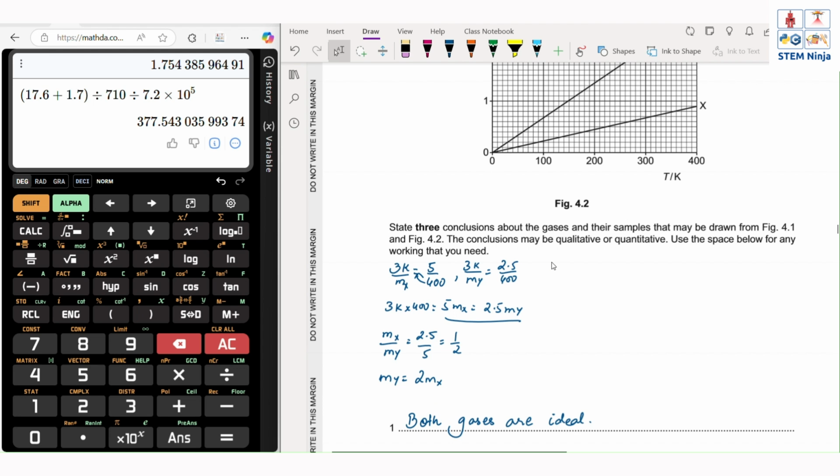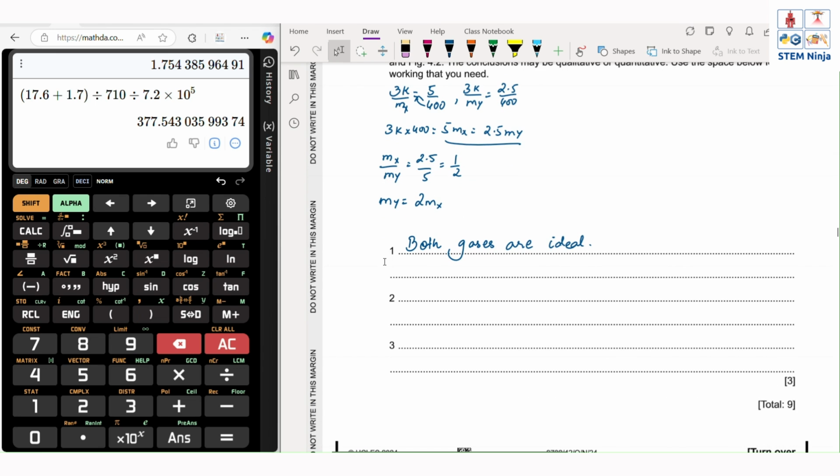So this is one conclusion we can say: the mass of a particle of gas y is twice the mass of a particle from gas x.